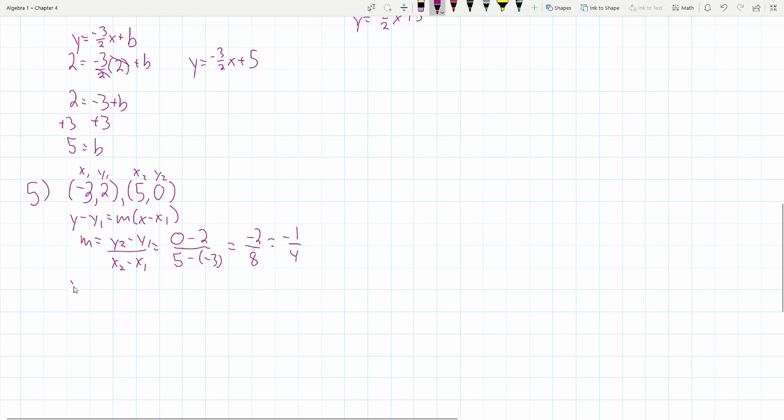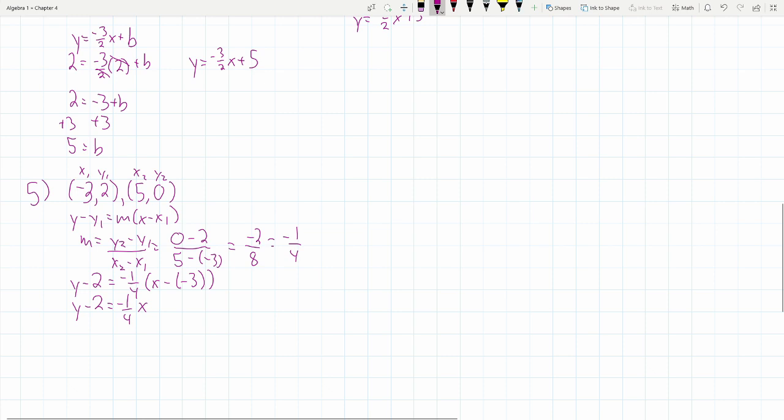Now I fill in all that other information I know, and then I know my slope. So y minus my y1, which I decided was 2, equals negative 1 over 4 times x minus x1, which is negative 3. So now I'm going to work my way through this. I have y minus 2 equals negative 1/4 x.